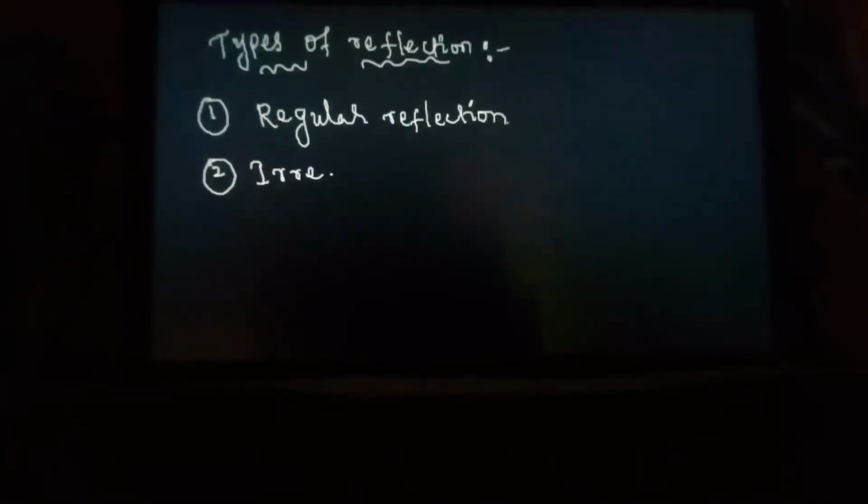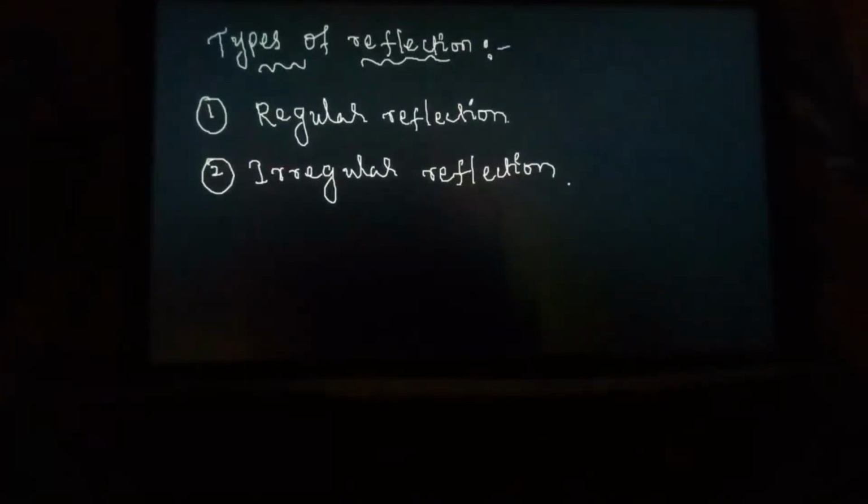The second one is irregular reflection. Regular reflection means reflection takes place on a smooth surface.